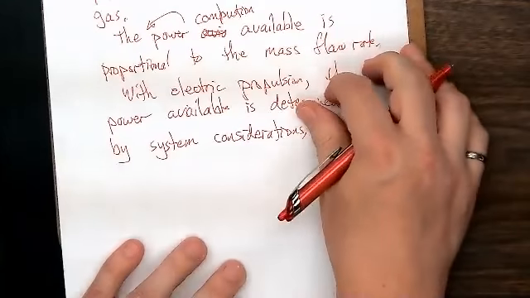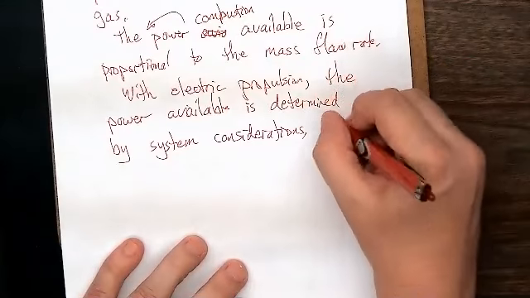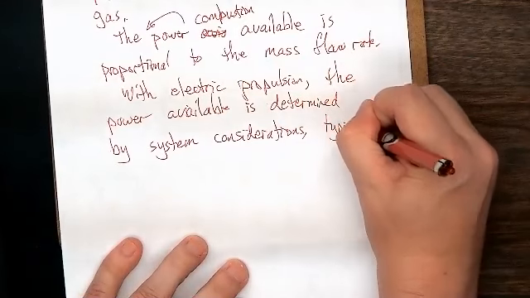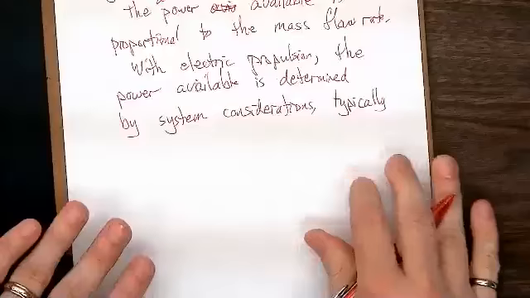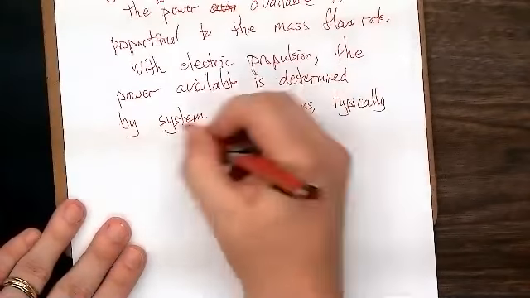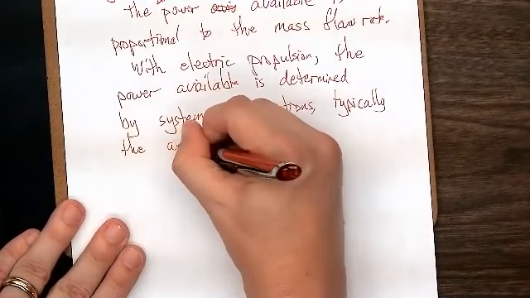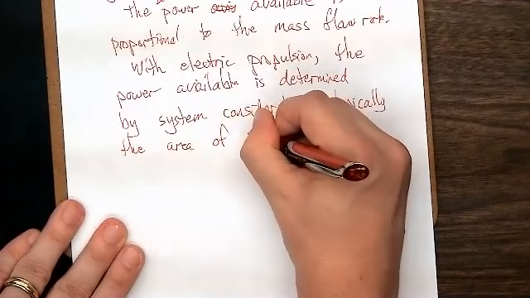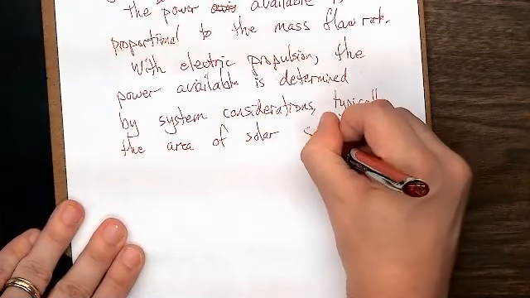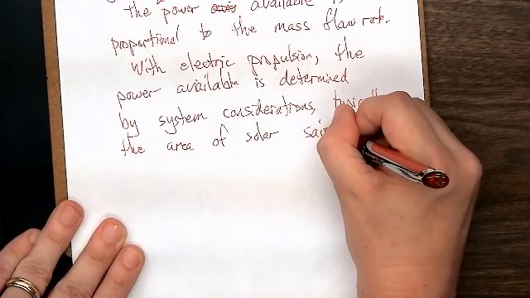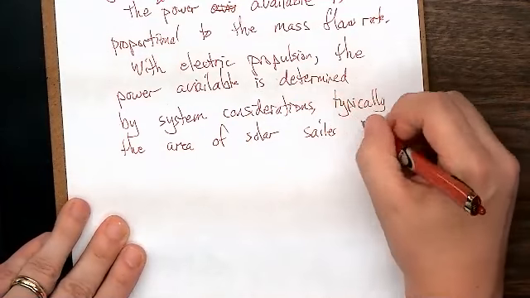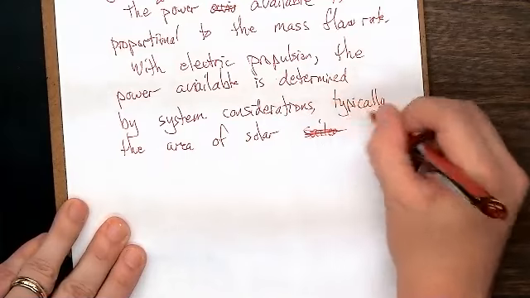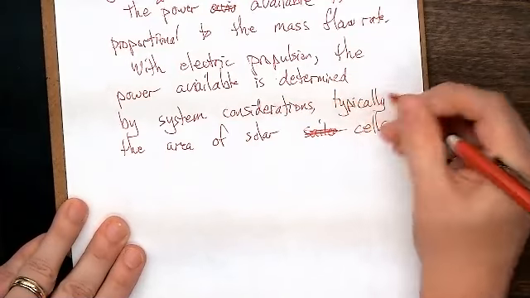Typically, the area of solar cells carried by the satellite. Solar cells.